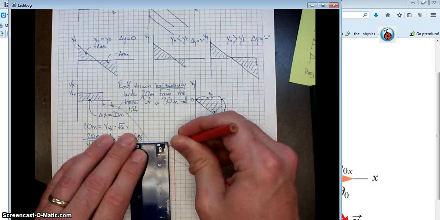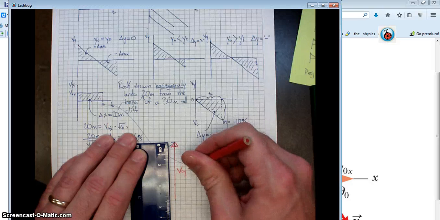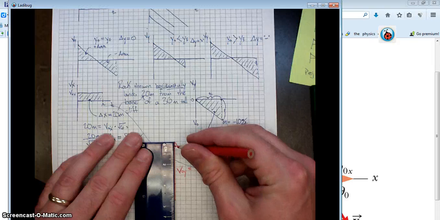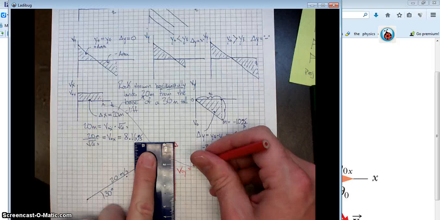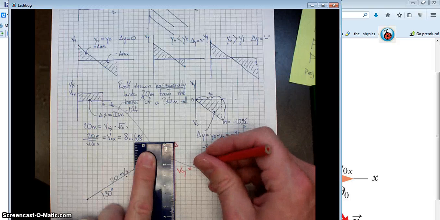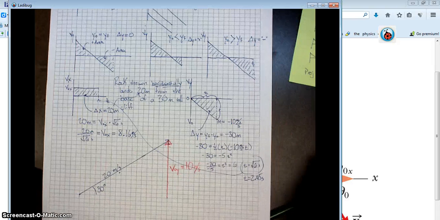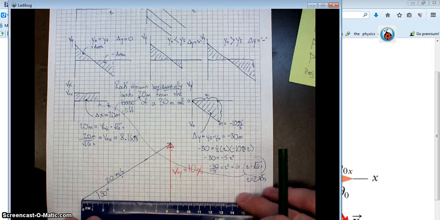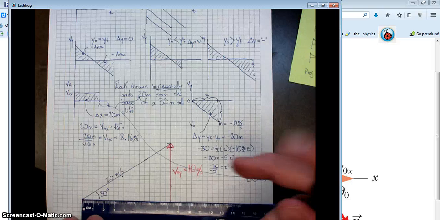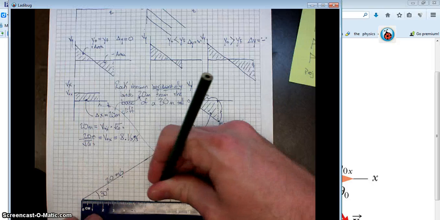So this is the upward part of the velocity, and that measures out to be right around, let's see, 5.5. So that's going to be about 10 meters per second. Okay, and then horizontally, that's a little over 8 centimeters.